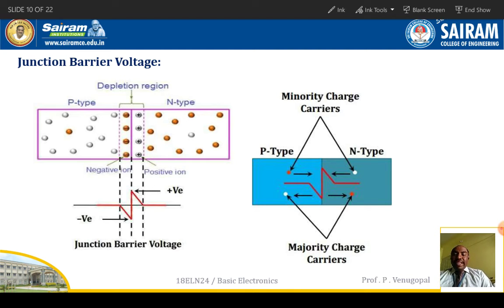So the negatively charged ion has negative polarity, and the positively charged immobile ion has positive polarity, and this sets up the barrier. That barrier is called a junction barrier, and the voltage of this junction barrier is called junction barrier voltage.